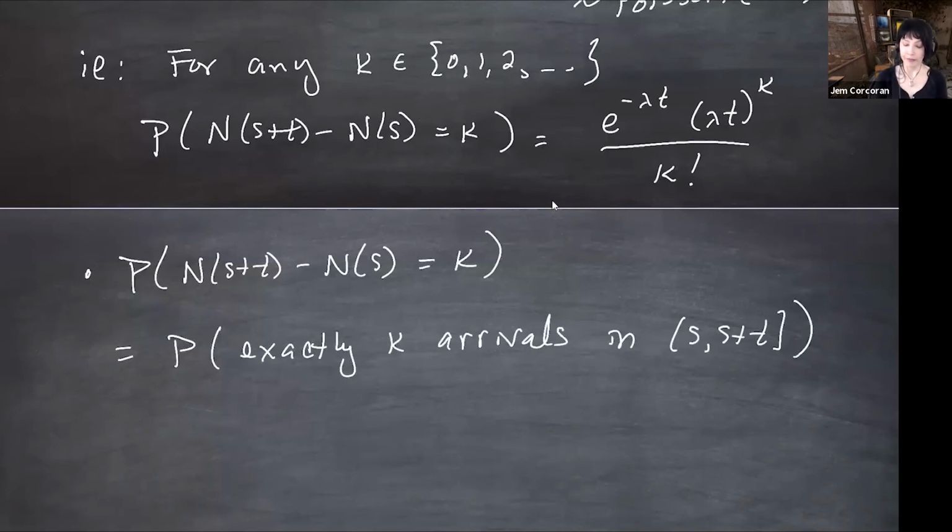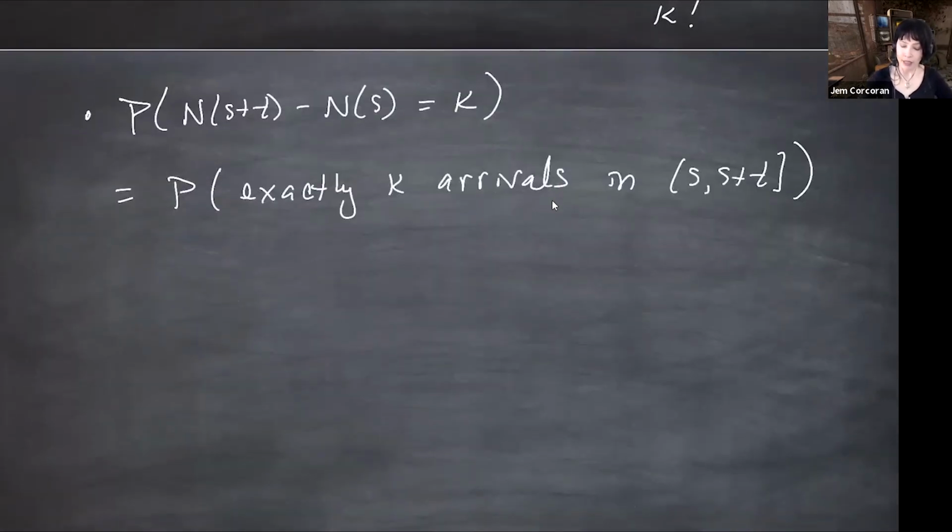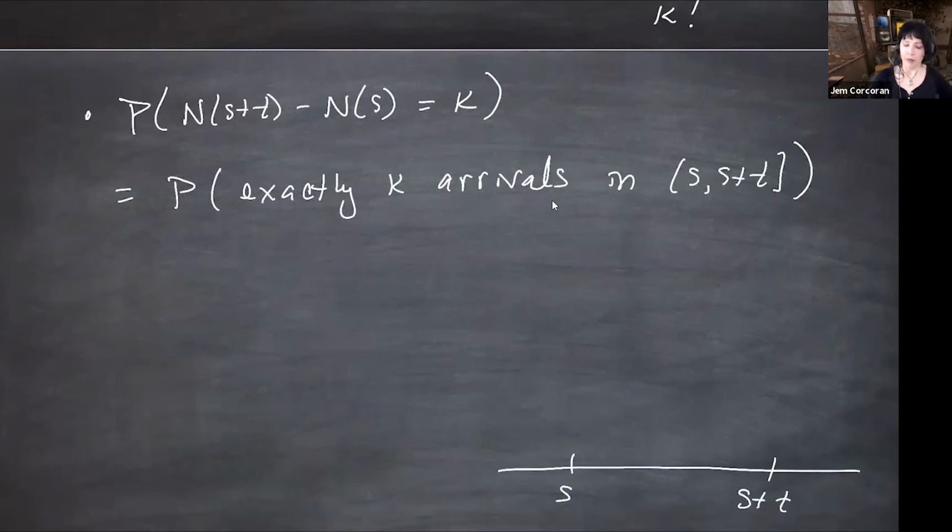That's what that means. Okay, so I've got some time s, and I want the probability of exactly k arrivals in here. I'm working off the assumption that the times between arrivals are IID exponential.